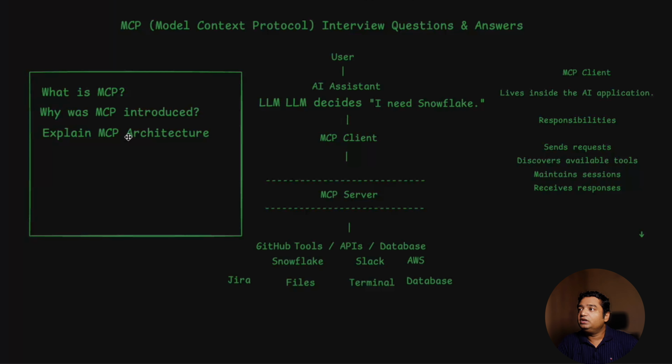We'll see it now. While explaining the MCP architecture, you can say that the user is using an AI system. That AI assistant has the LLM inside it. When you ask a query, for example, you want to get some table data from Snowflake, the LLM decides that it needs to connect to Snowflake, or to Oracle or something, depending on the user query.